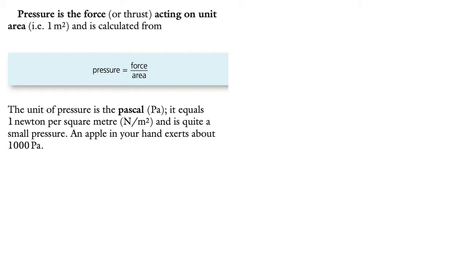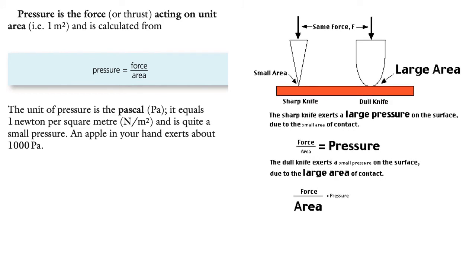So it tells us that pressure is equal to force over area. That means that if the same force is applied over a small area, then the pressure will be greater than if the same force is applied over a larger area. Now we look at an example with a sharp knife and a dull knife. The sharp knife exerts a larger pressure on the surface because the same force F is applied over a small area of contact.